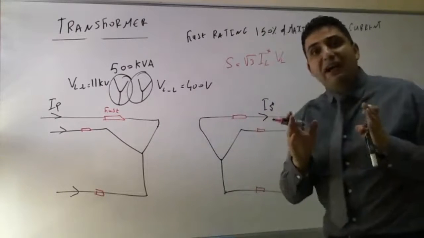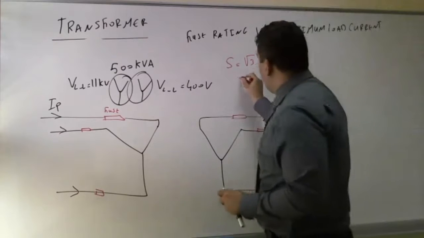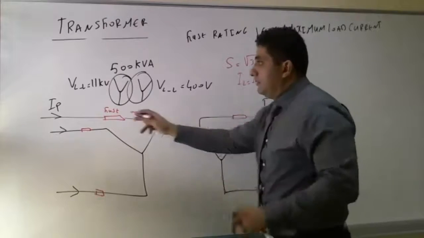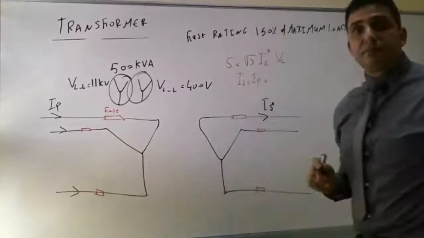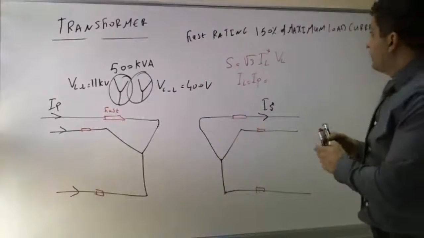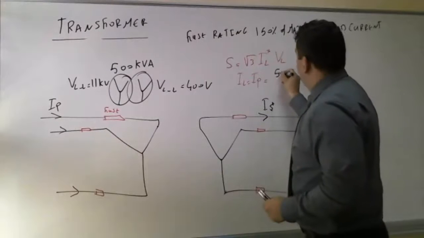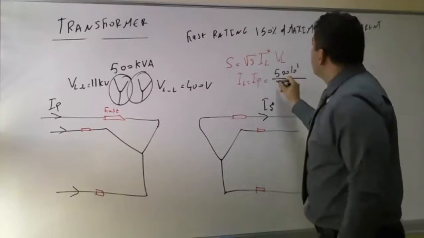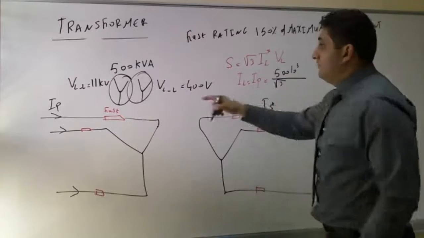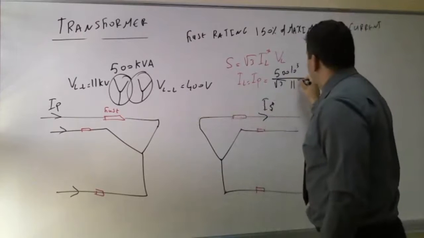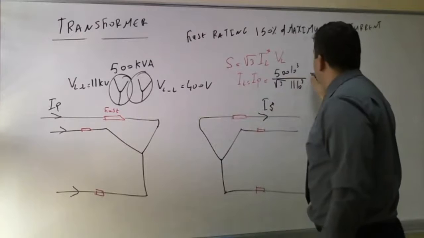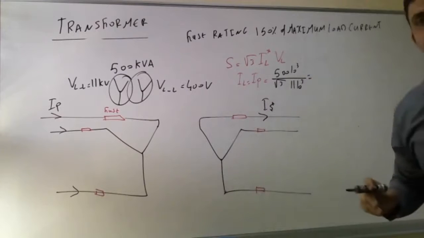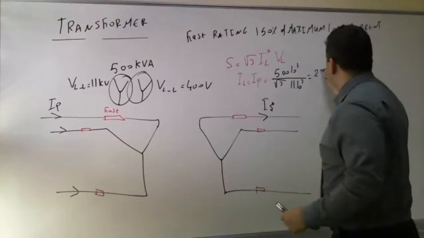I'm interested in the current magnitude, so I line, which in my case is I primary, will be equal to 5×10^3 divided by √3 times the voltage of 11×10^3, which will give us, let's say, 27 amps.